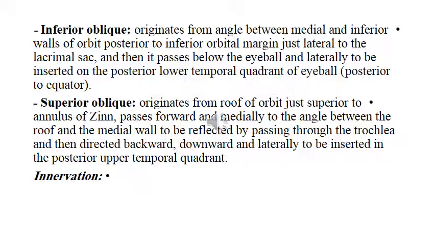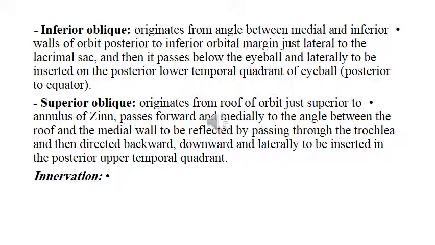How about superior oblique? It originates just superior to the annulus of Zinn, so from the apex, and is directed to the trochlea. Trochlea is a fibrous cartilaginous structure situated at the angle between the roof and the medial wall of the orbit. It's designed for the superior oblique muscle.